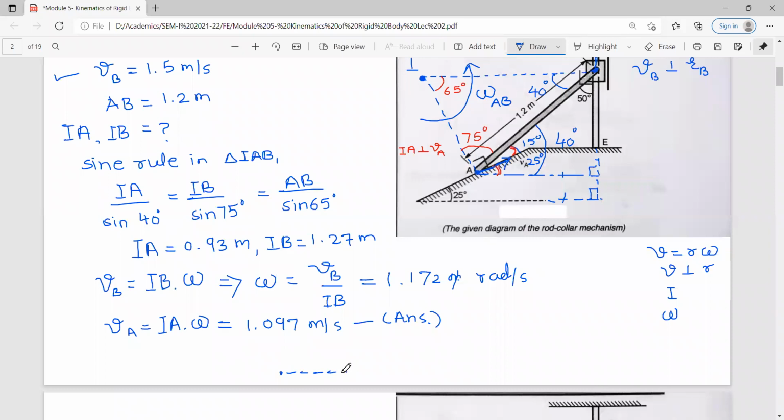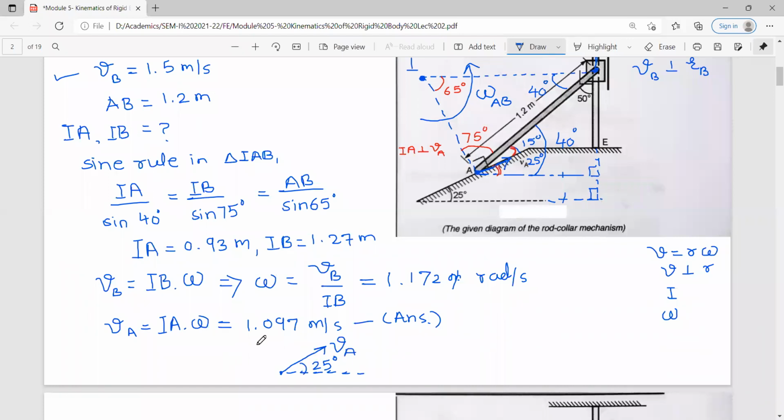It is the horizontal reference, and the velocity of point A is like this, making an angle of 25 degree with horizontal. So this way you can show the direction of velocity of point A.